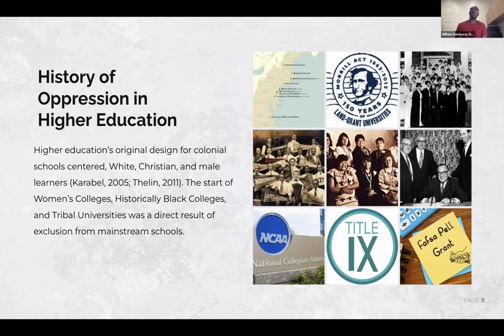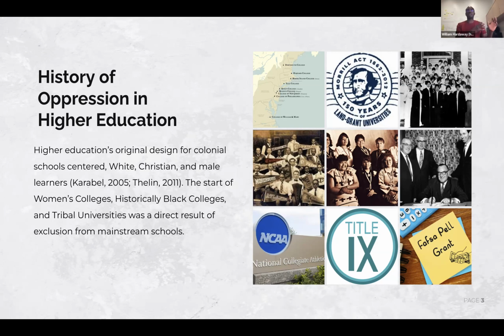And there's just this original design that was very logically sound for educating a large number of people that came out of the colonial system and the colonial colleges of that time.